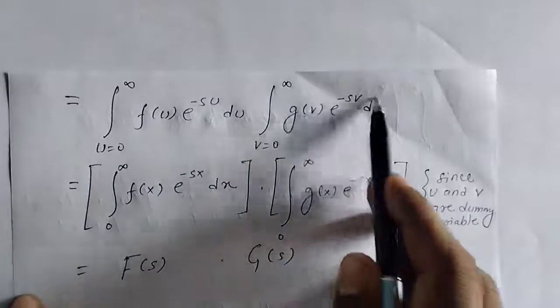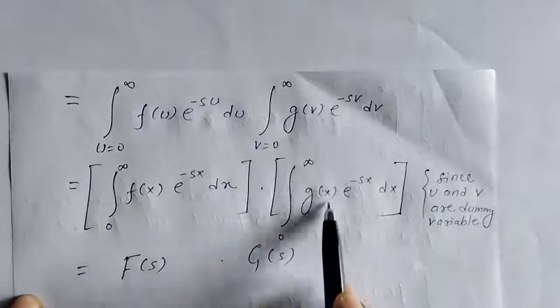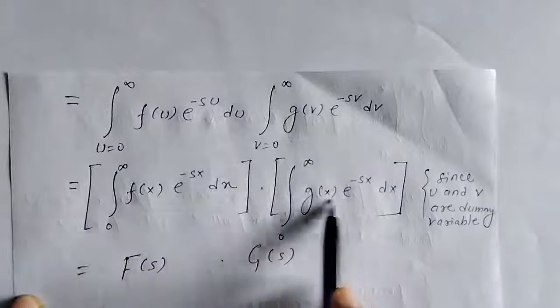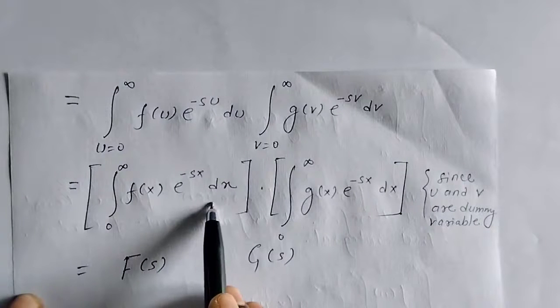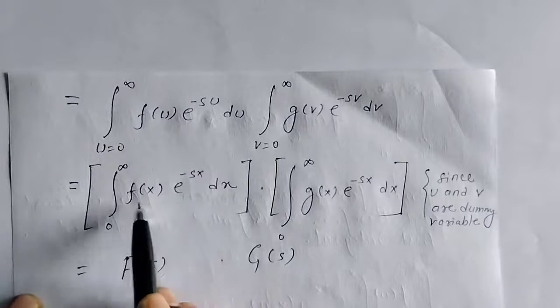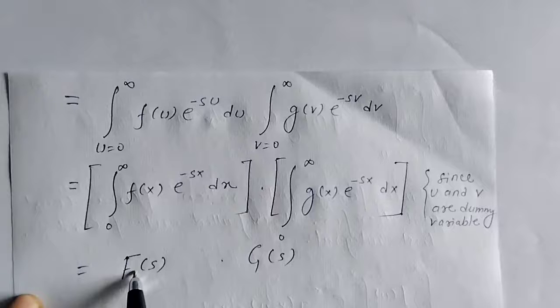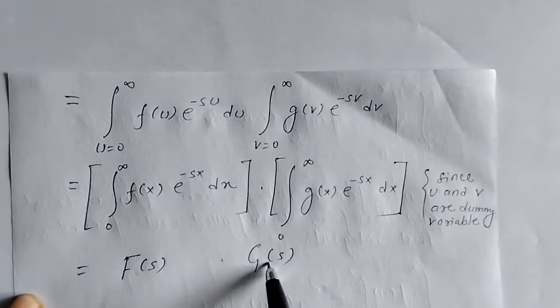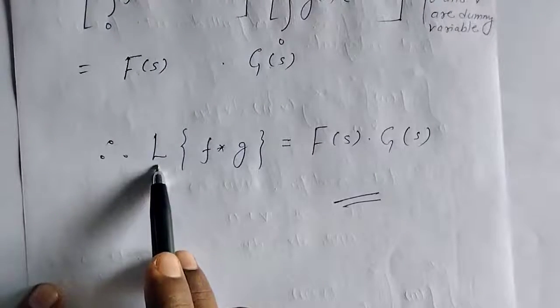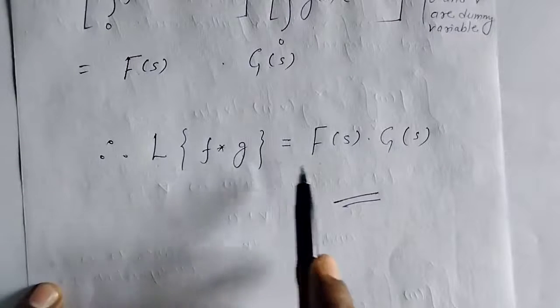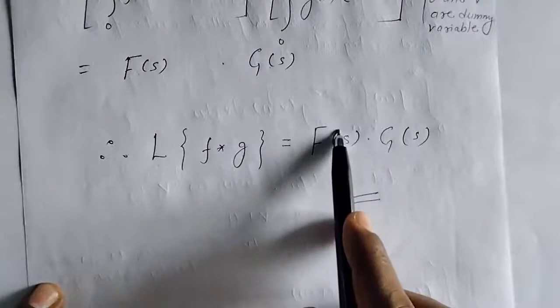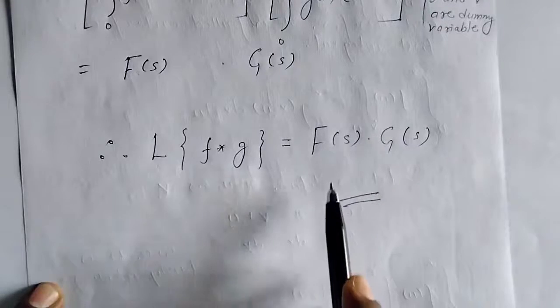Similarly, v is also a dummy variable for this integration, so we have replaced v with x. And you can see this is nothing but the definition of the Laplace transform. So we use the symbolic representation for this f, and similarly for g. This is how we proved that the Laplace transform of the convolution of two functions f and g is nothing but the Laplace transform of the first function times the Laplace transform of the second function.